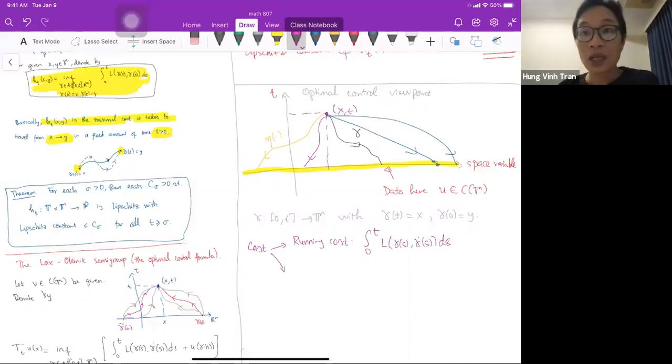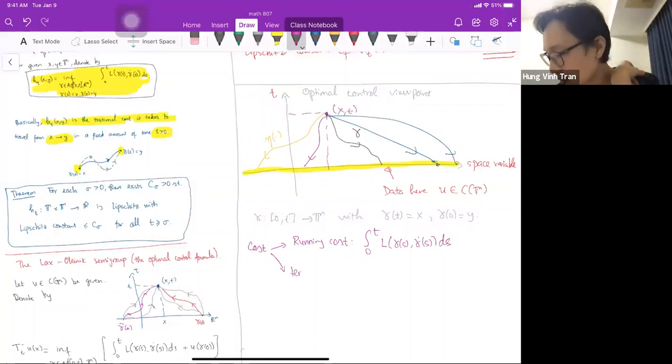And so it's more complicated than a normal calculus of variation problem, right? Because we have not just the running cost, which is exactly the calculus of variation problem, but we also have the terminal cost.